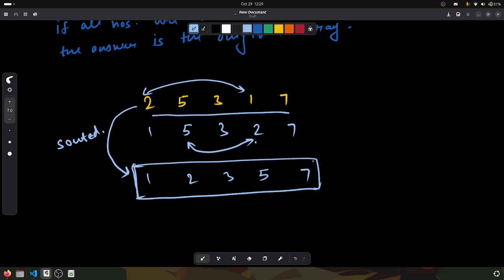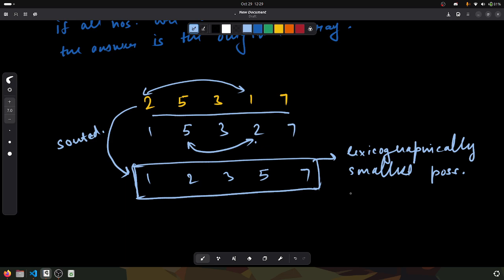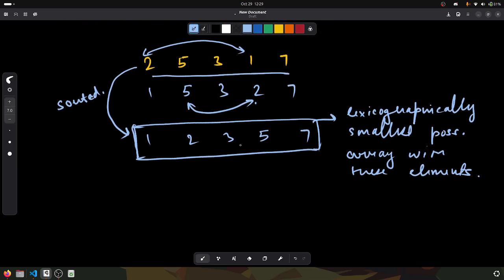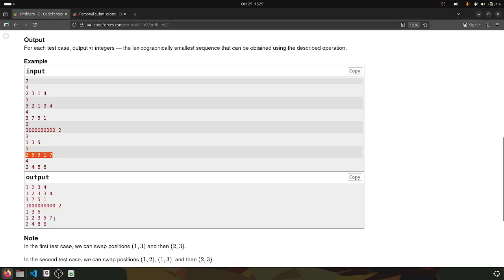So that's why I'm not trying to further improve this. So 1, 2, 3, 5, 7.